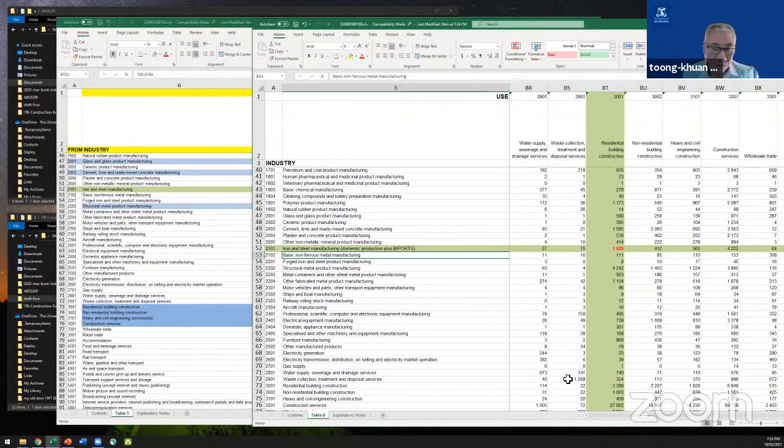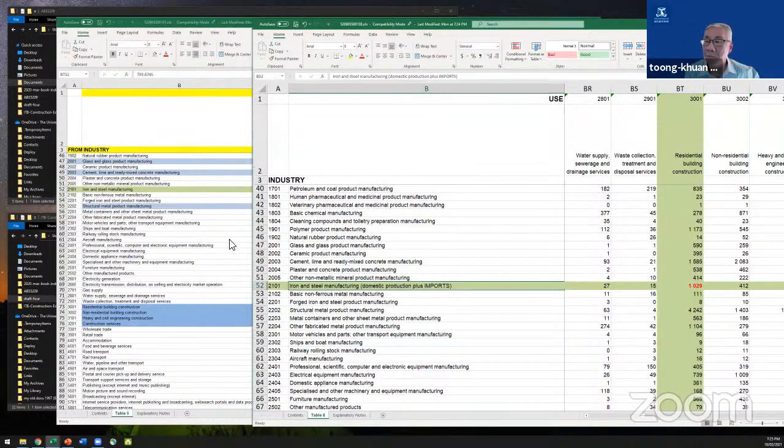Okay, so I've just shown you how imports can be handled. You can put the imports into one line for the industry which uses them, or you can put the imports into all the industries that supply them. In this particular case, it is showing iron and steel, which shows domestic production plus imports.